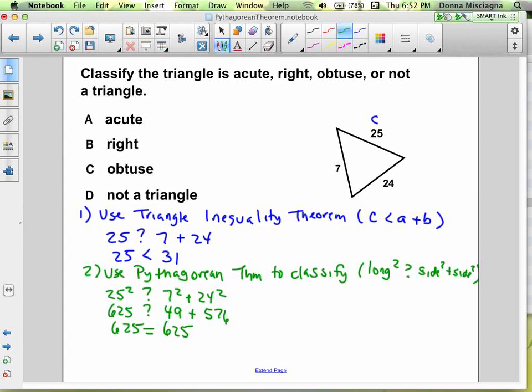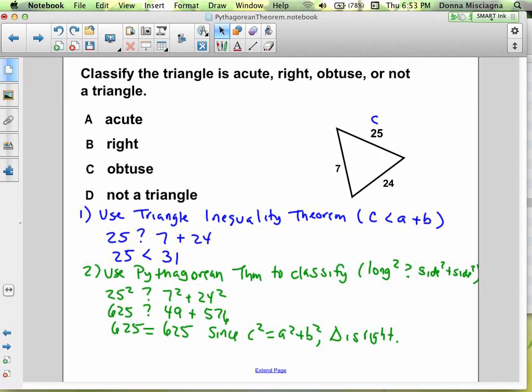I won't give you too many right triangles anyway. 625 does equal 625, so since C squared equals A squared plus B squared, the triangle is right. All right, so we have our answer. We've determined it, justified it. We're all good.